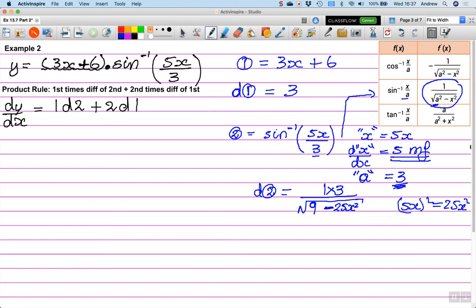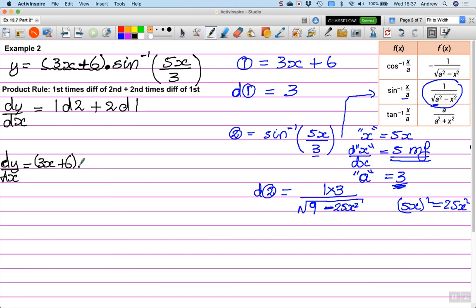So now we're going to put all this together. This is a 15 mark question, at the higher end. Putting it all together, dy dx is going to equal, what's the first function? The first function is 3x plus 6. When you're substituting, remember what we say, substitute into brackets, 3x plus 6.